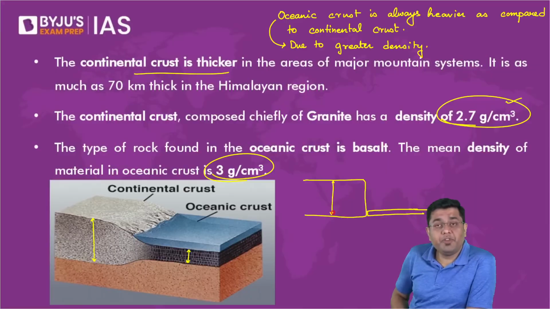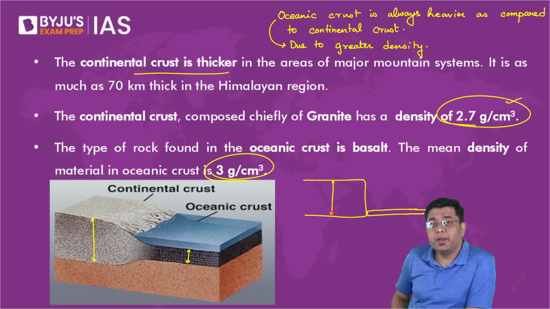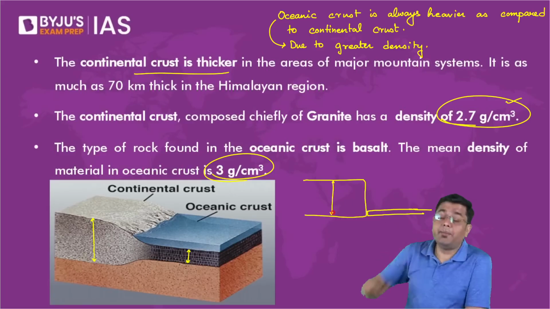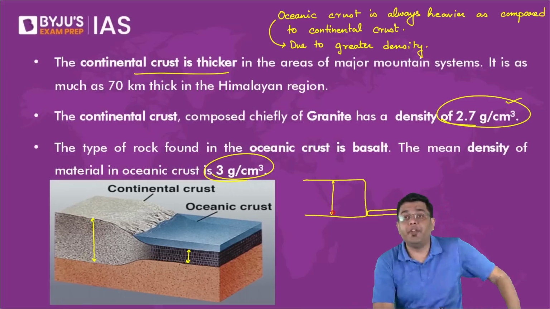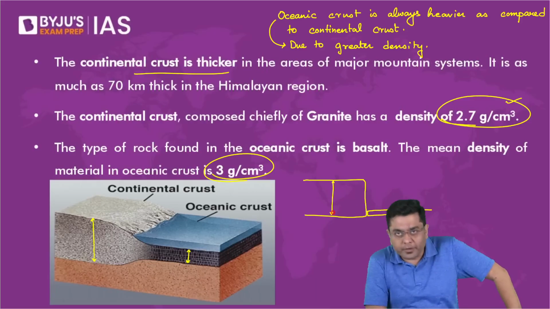Always iron will be heavier. Regardless of the thickness, thermocol will always be lighter. Why do you think that is the case? If thickness were the factor to determine the weight, then thermocol would be the heaviest, but it is not so, it is light. Why? Because the density is very less, isn't it? So that is the same analogy which plays out in the case of oceanic and continental crust as well.